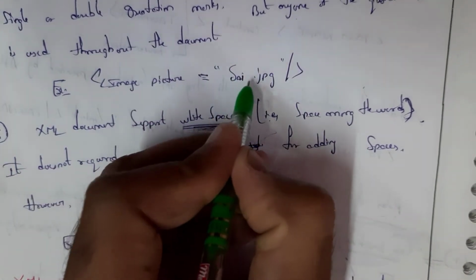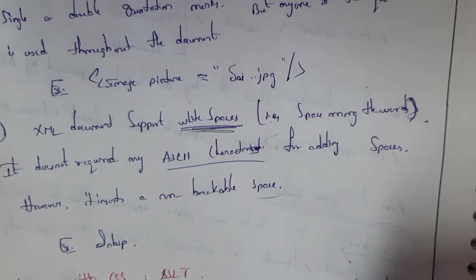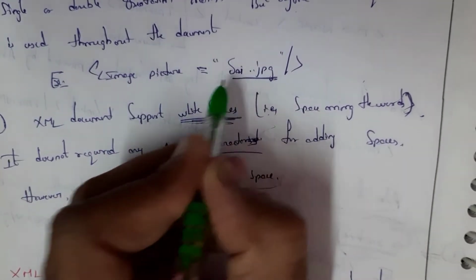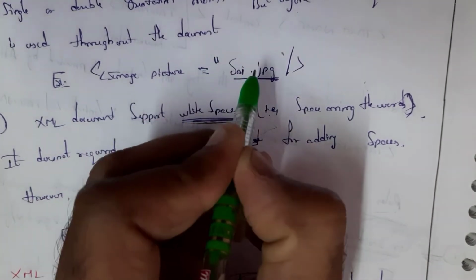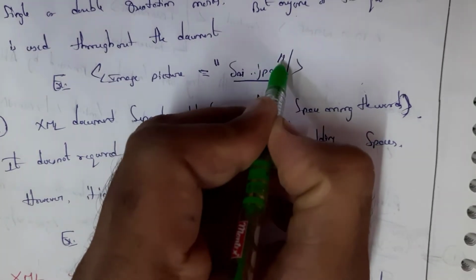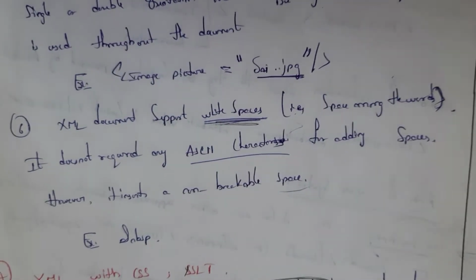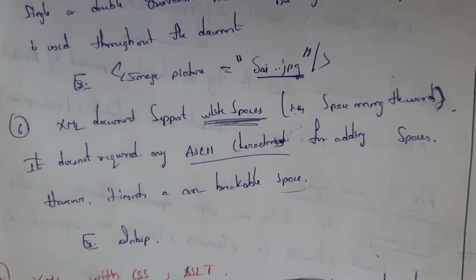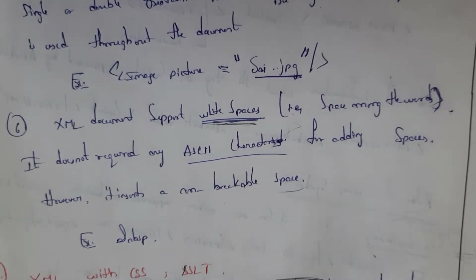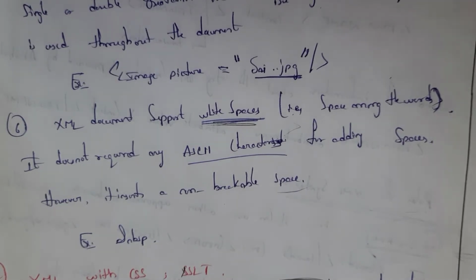This picture name is sai.jpg. So we need to include this sai.jpg using double quotations or single quotations. This is an example of an XML document. We should include single or double quotations in an XML document.